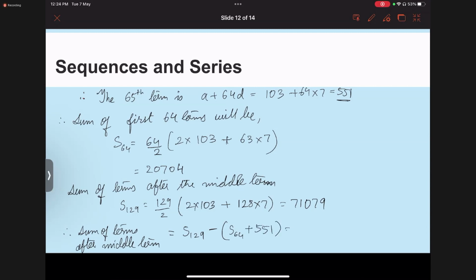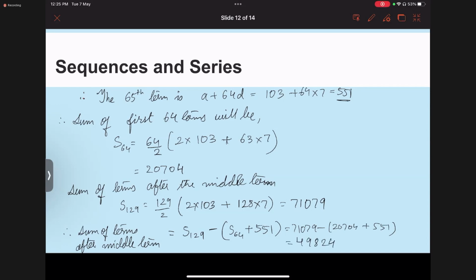So this becomes 71079 minus your S64, which is 20704, plus 551, and this becomes 49824.